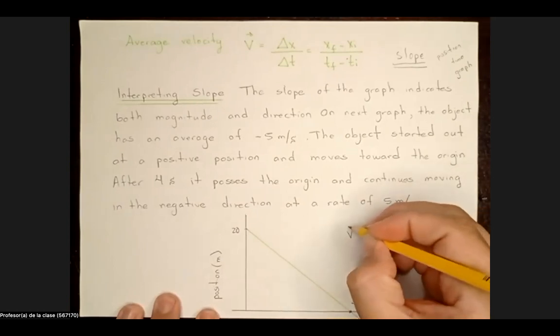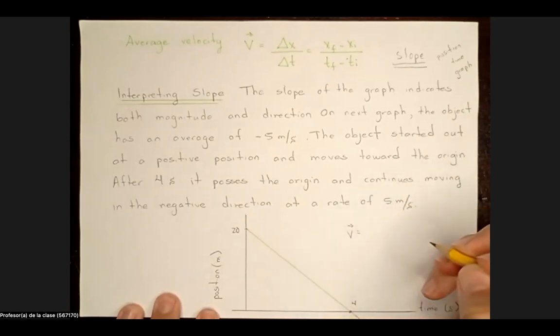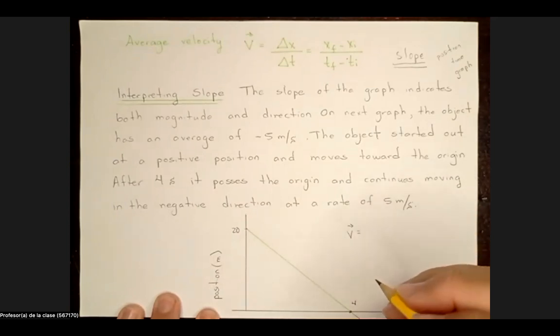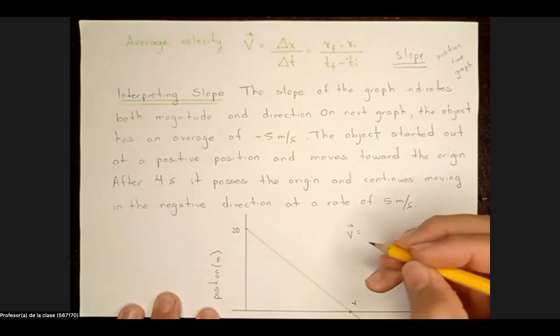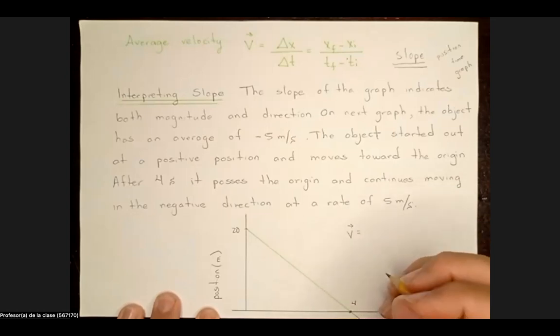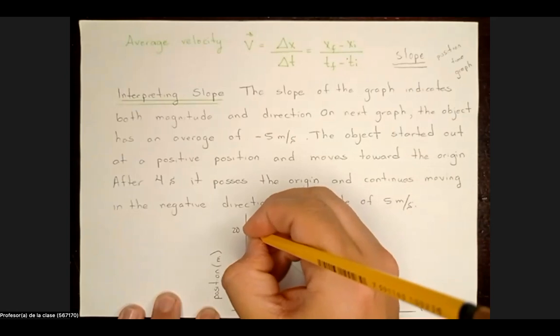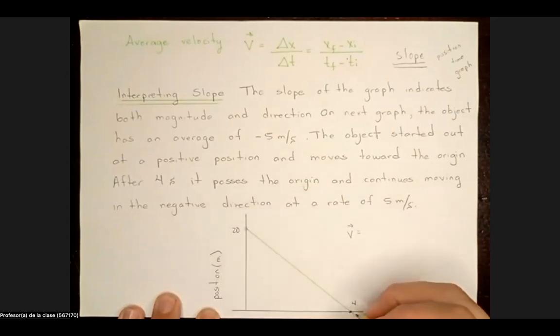So velocity, and this time interval, this is very important to know, okay? This point over here and this one are the intersections of the straight line with the axis, okay?